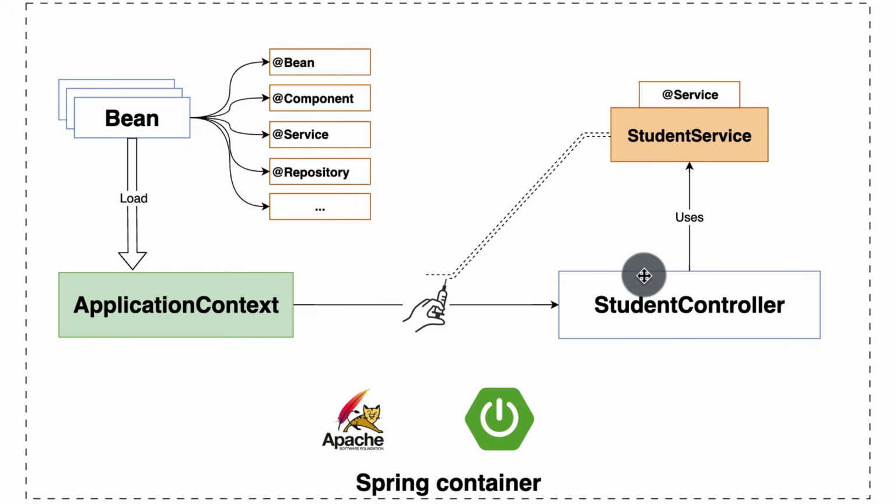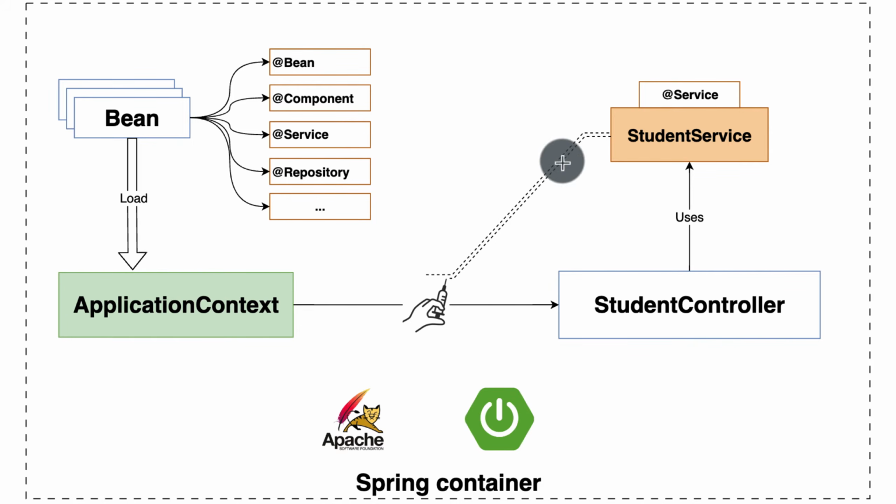So again, when Spring tries to instantiate and create an instance of this student controller right here, it will see that the constructor already contains a parameter, and this parameter is of type student service. So Spring will look up into its application context and try to find an object or a bean of type student service.